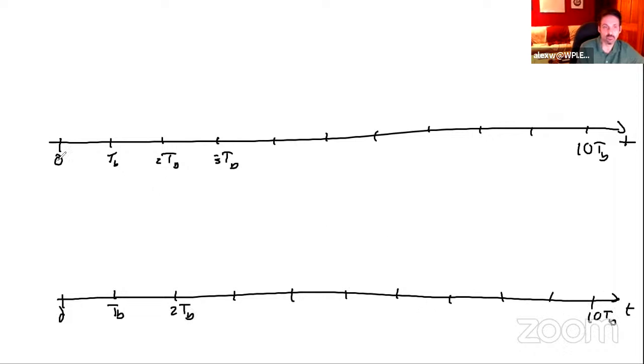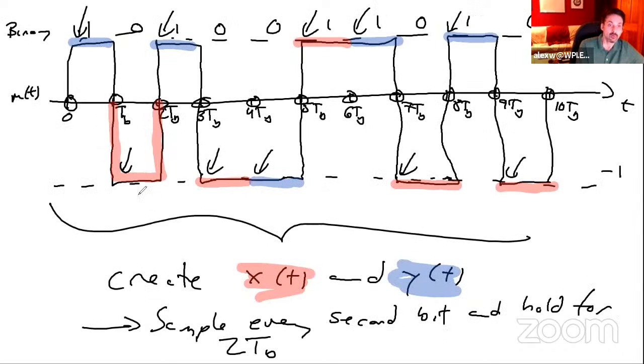Now, this will be my x of t, and this will be my y of t values. Heads up: x of t starts with a delay of T_B. This is super important.